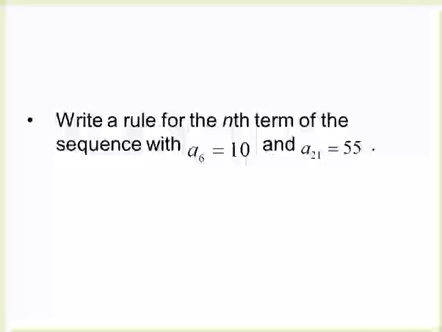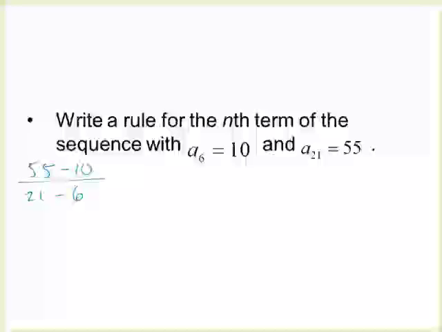We are going to do that by finding the difference between the 2 term values. So 55 minus 10 is the difference in the term values, but since they're not right next to each other, we need to take into account how far apart they are. So one of them is the 6th term and one of them is the 21st term. So we need to figure out how far apart those 2 terms are.